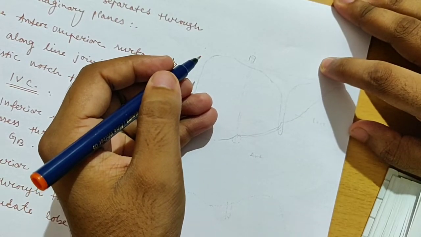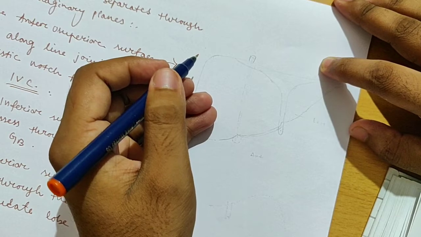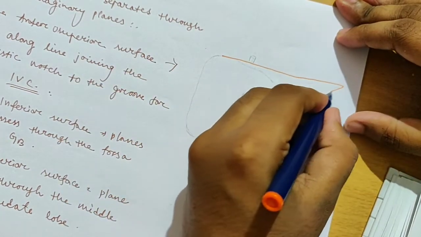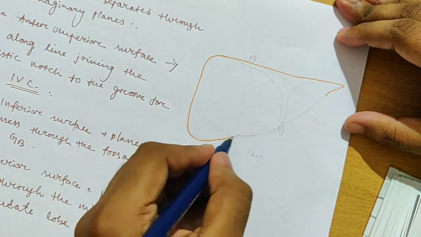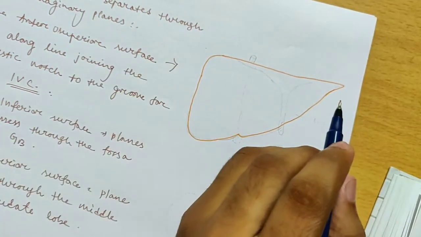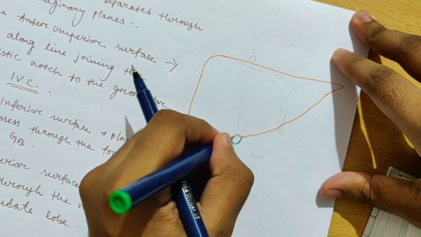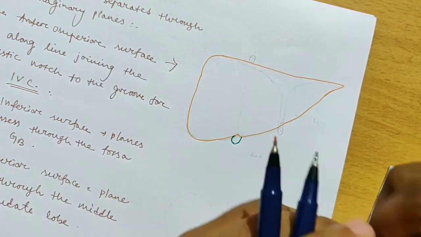Now, as per the statement, we will divide the liver into right functional and left functional lobe. As we know, this is the structure of liver. This one is the fundus of the gallbladder.